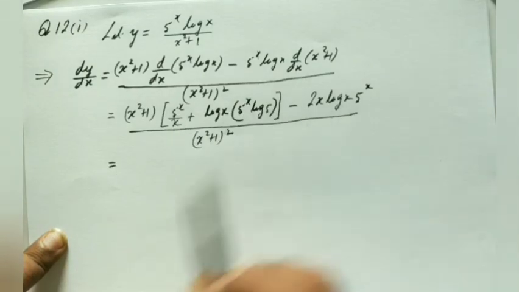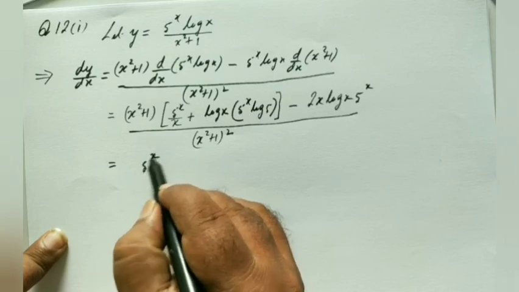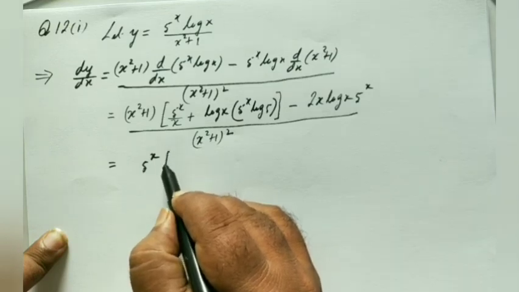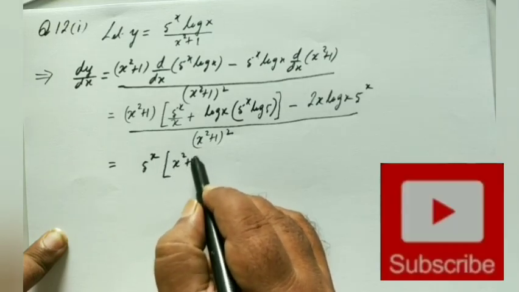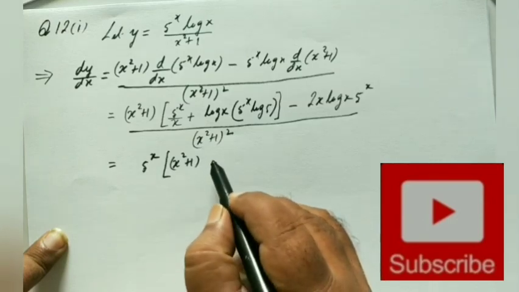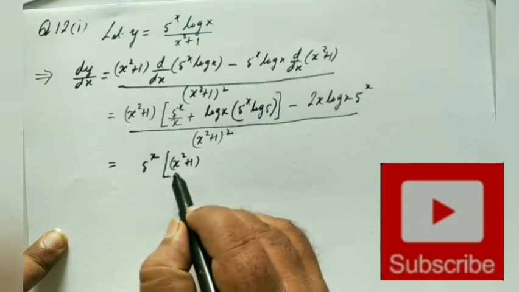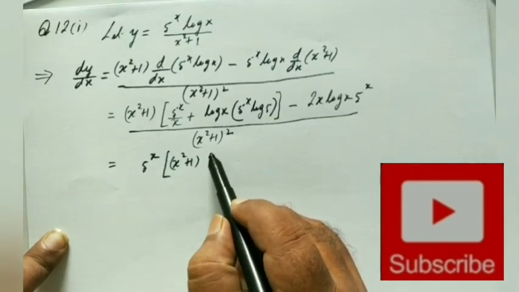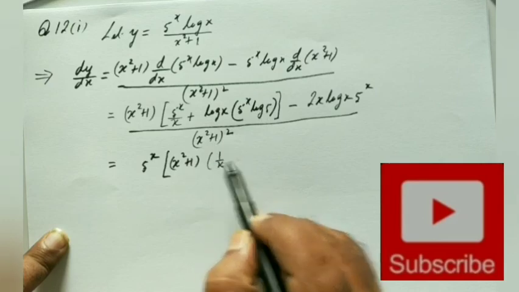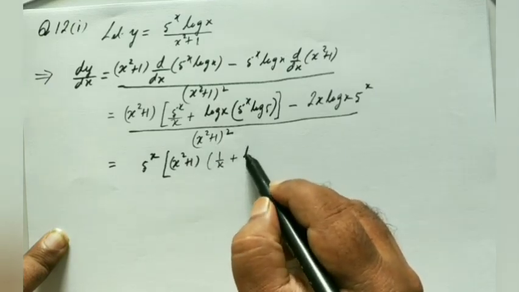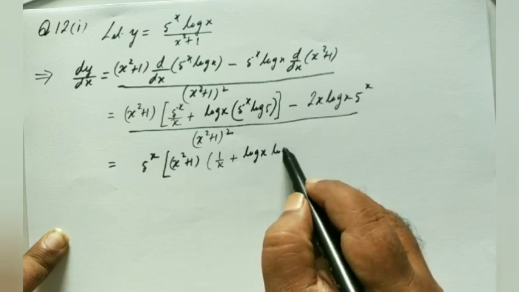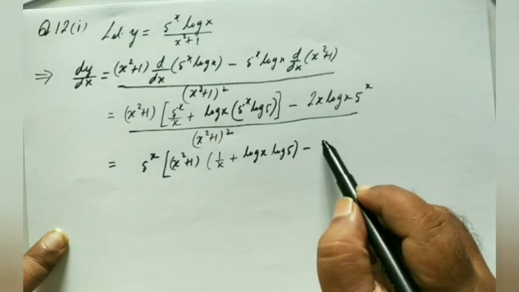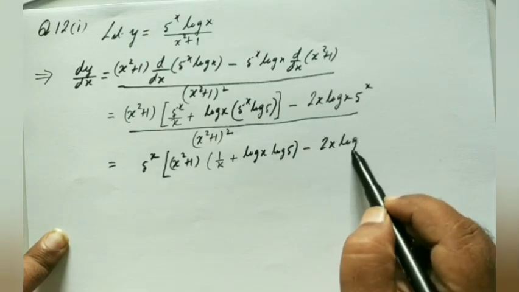Now 5 to the power x is common everywhere, so I'll write here 5 to the power x into 1 by x plus log x log 5 till here, and minus 2x log x.